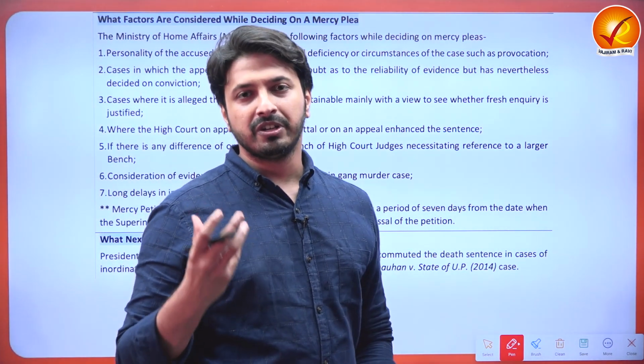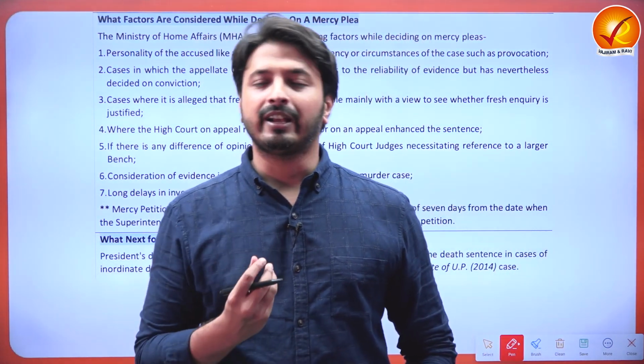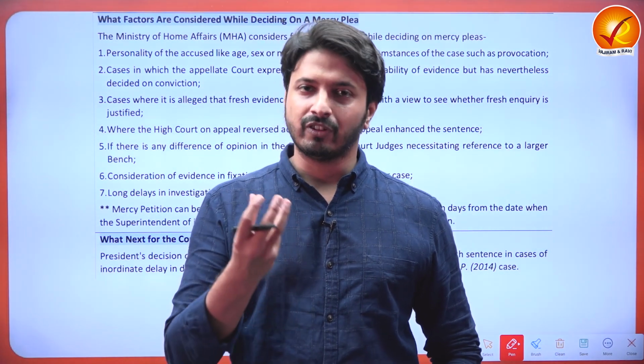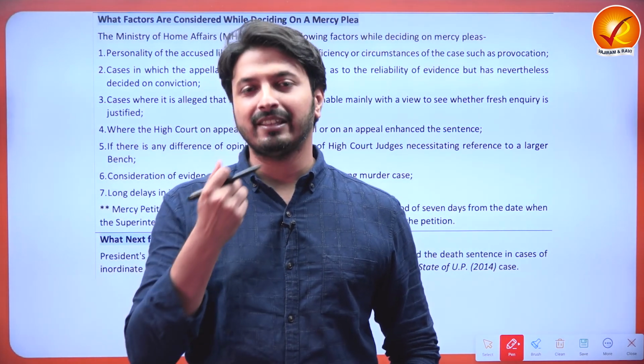Now, after the judiciary has pronounced the capital punishment, and when the convict has used their review petition and the curative petition, if the Supreme Court allows so, ultimately such petitions land in front of the President.